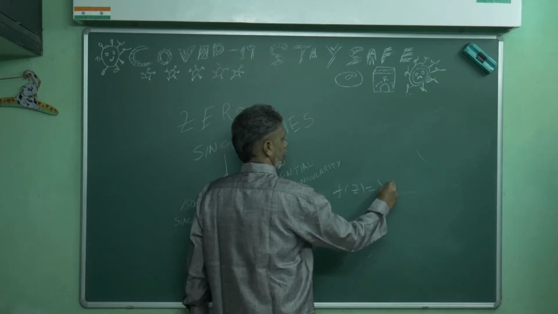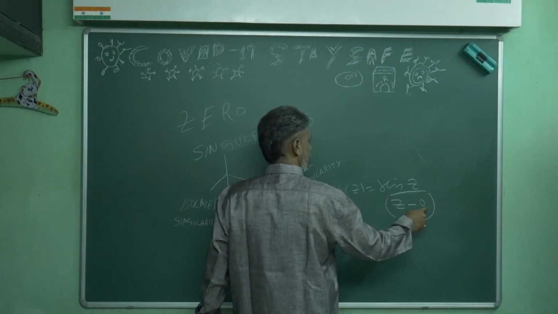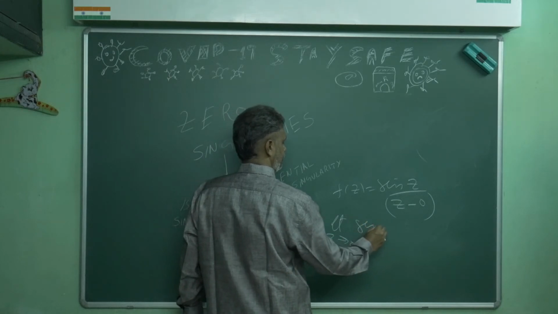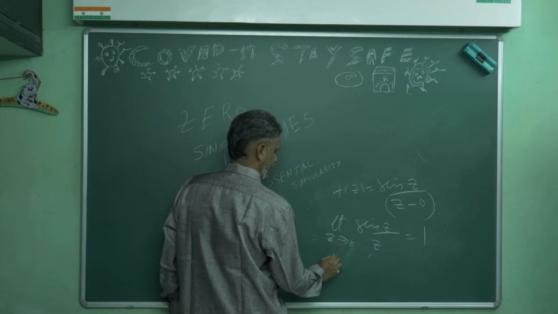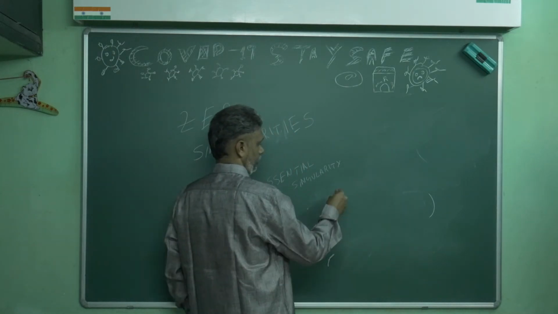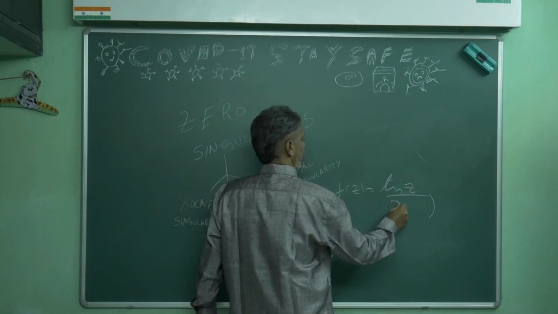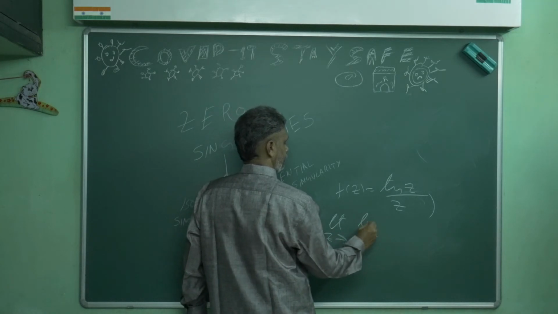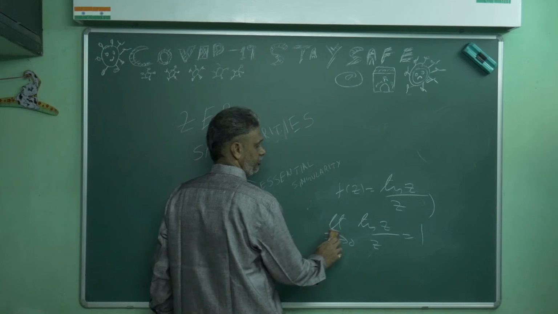Take this example: f of z is equal to sin z by z. Here 0 is a singular point, but we know the limit as z tends to 0 of sin z by z is equal to 1. Similarly, these are all examples, f of z is equal to tan z by z. I know the limit as z tends to 0 of tan z by z is equal to 1. This is also a removable singularity.